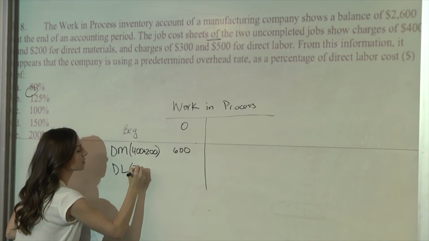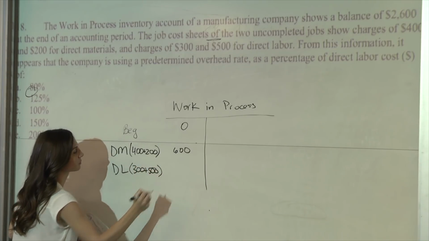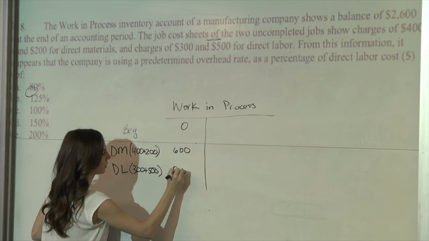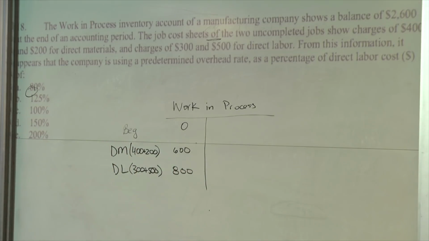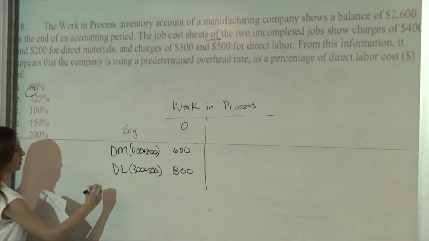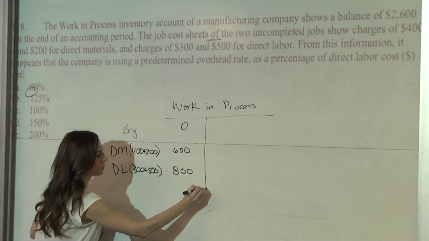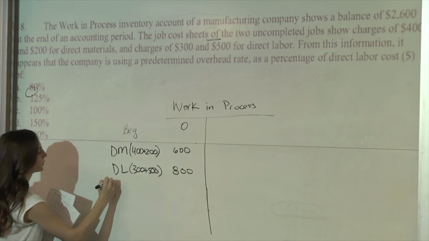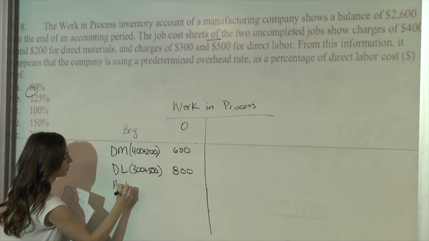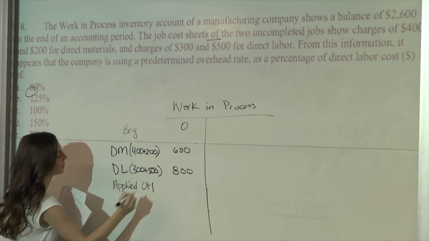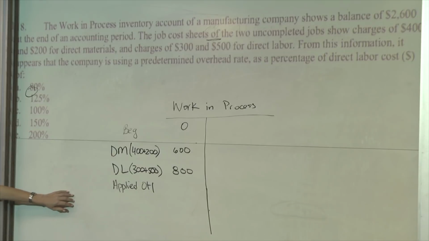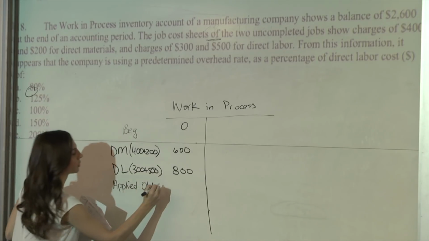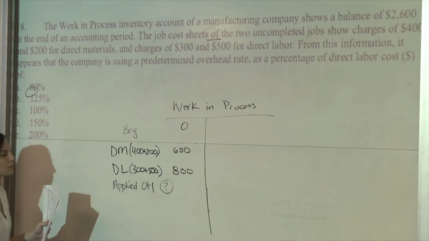So we can just add those up to get our direct labor cost that's going to be included in work in process. Okay, now we always know that the other component is applied overhead. We don't know this right now. We're not sure what this is.